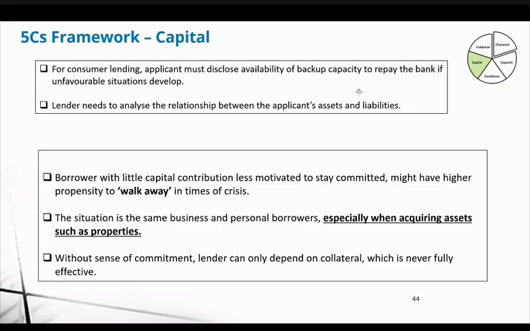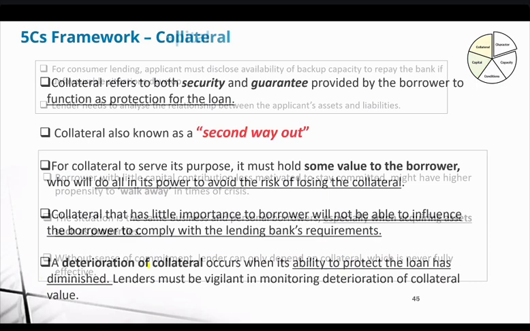From the consumer's point of view, you want to measure their net worth. The way you measure the net worth is the applicant's assets and liability side. Generally, with little capital contribution, they are more likely to walk away. So without the sense of commitment, you only depend on collateral, which is never fully effective.